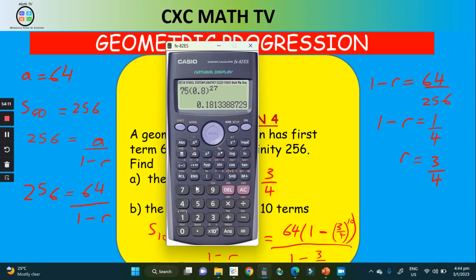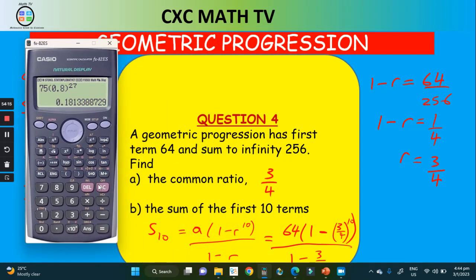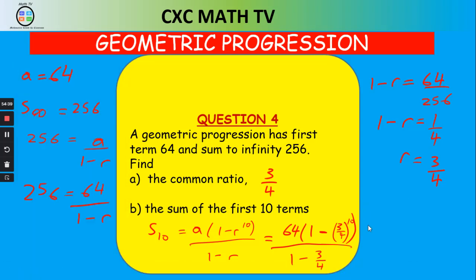Guys, we have a calculator, put everything in one time. Don't waste the time. Fraction button, 64 in bracket 1 minus fraction button 3 over 4 bracket raised to the 10th power, close the bracket, over 1 minus fraction button 3 over 4. Bam! That is the sum of the first 10 terms: 41.6.